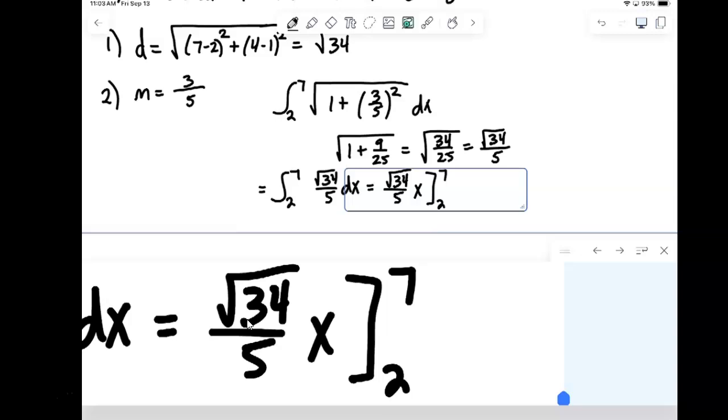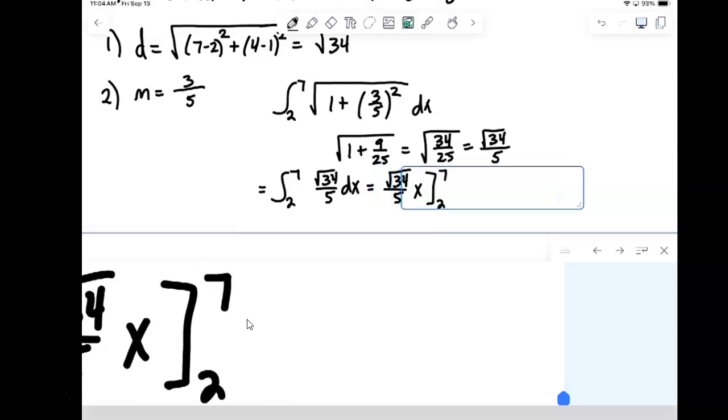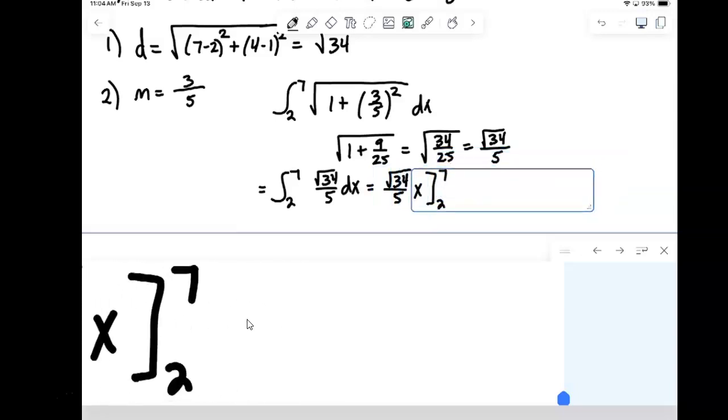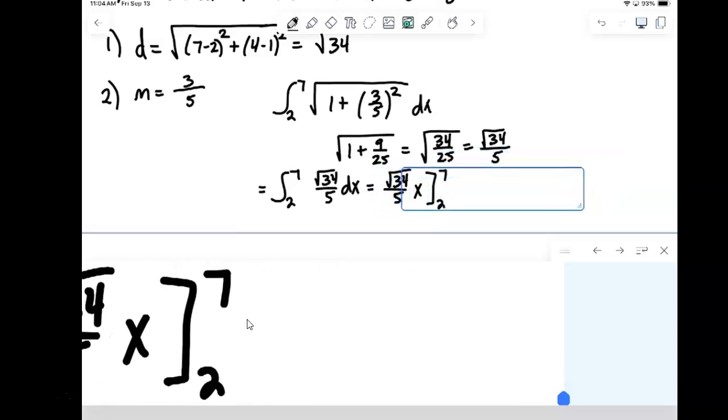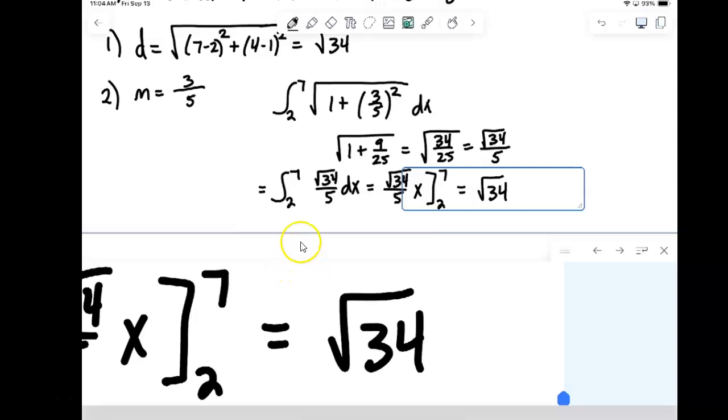And when you do that, what you'll find is that really we can just factor out the square root of 34 over 5 for the moment. And we're just doing 7 minus 2, which is 5. So that will cancel with the 5. So, of course, this gives us the same answer, square root of 34.